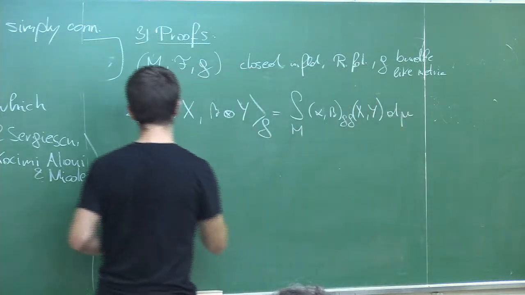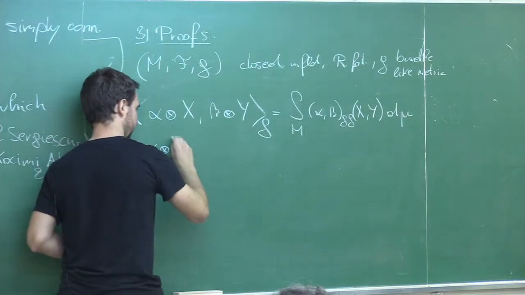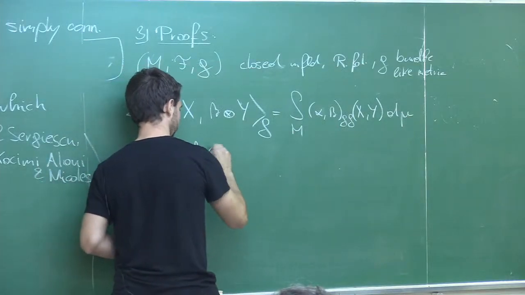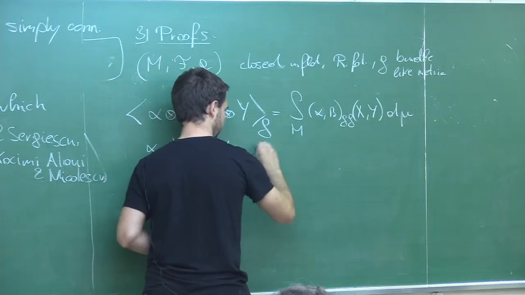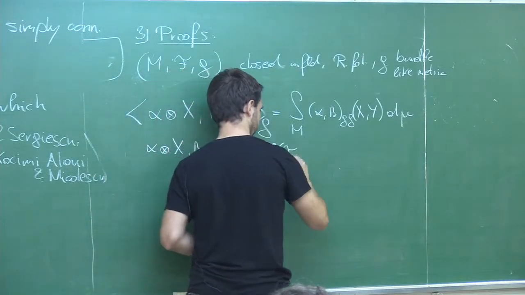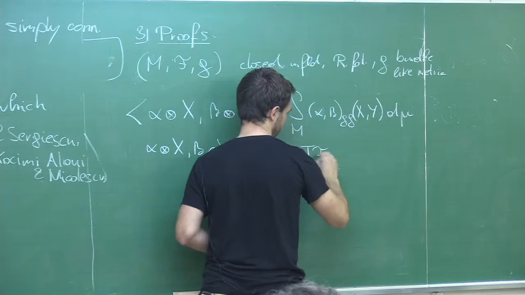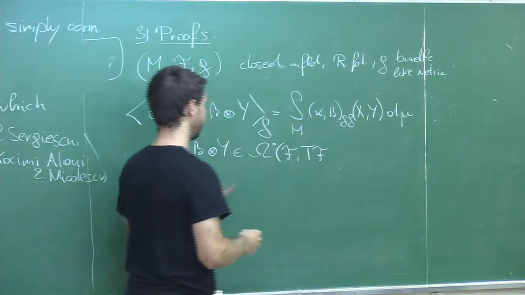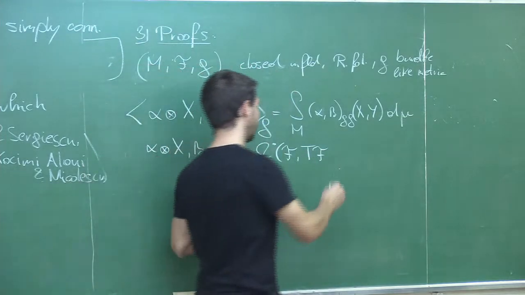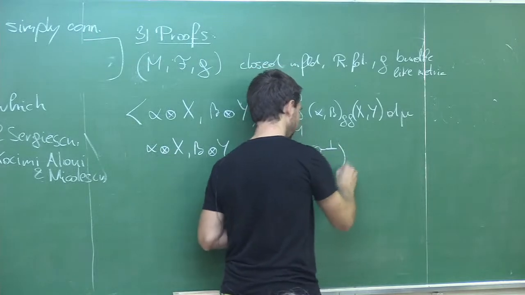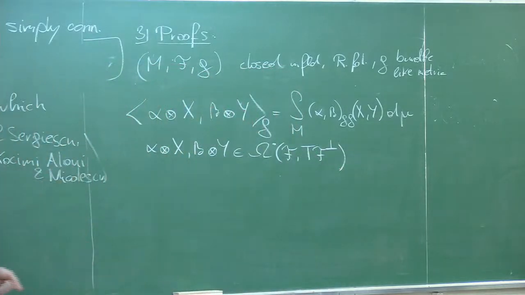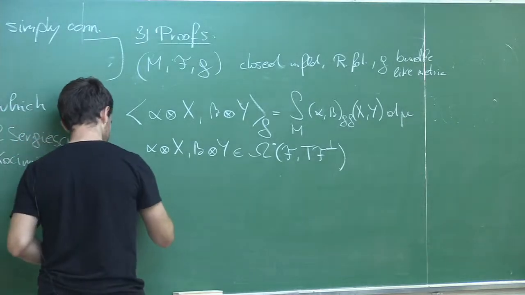Right, so here alpha tensor x and beta tensor y, we think of them as forms on F with coefficients. Well, since we have a bundle-like metric fixed, we realize the normal bundle as the orthogonal complement of the foliation. Okay, so this defines an inner product, which we need for the following statement.